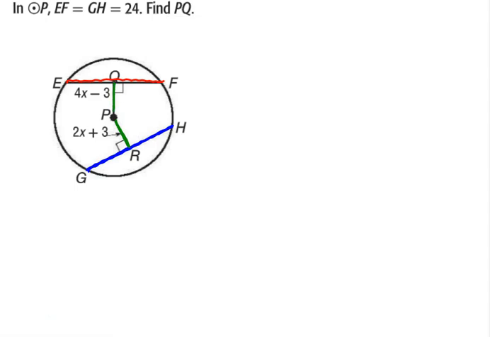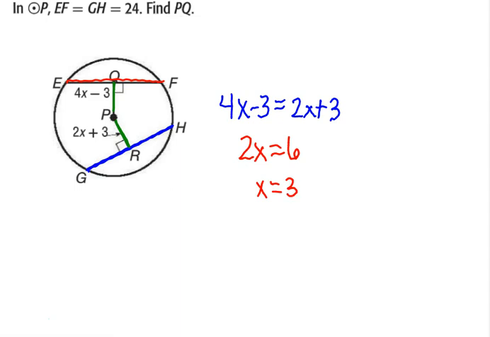So now we can easily find out what PQ is by setting PR equal to PQ. So I can write 4x minus 3 is equal to 2x plus 3. 2x equals 6, x equals 3.